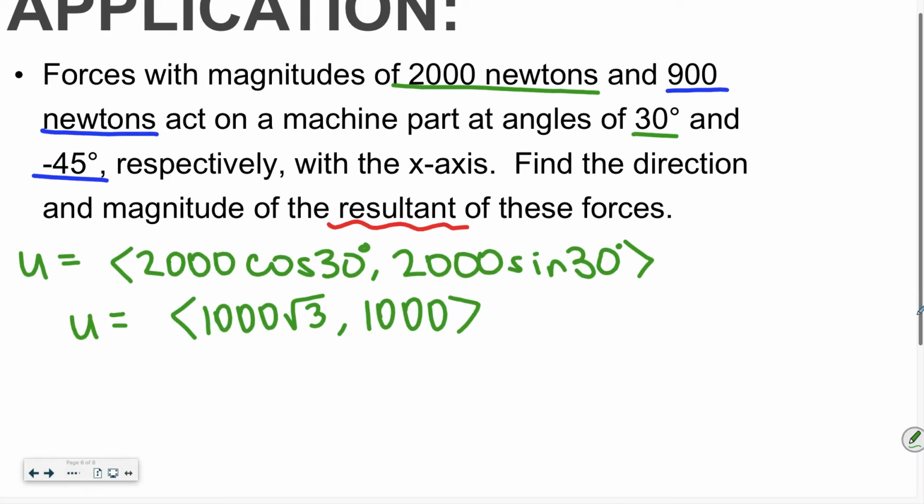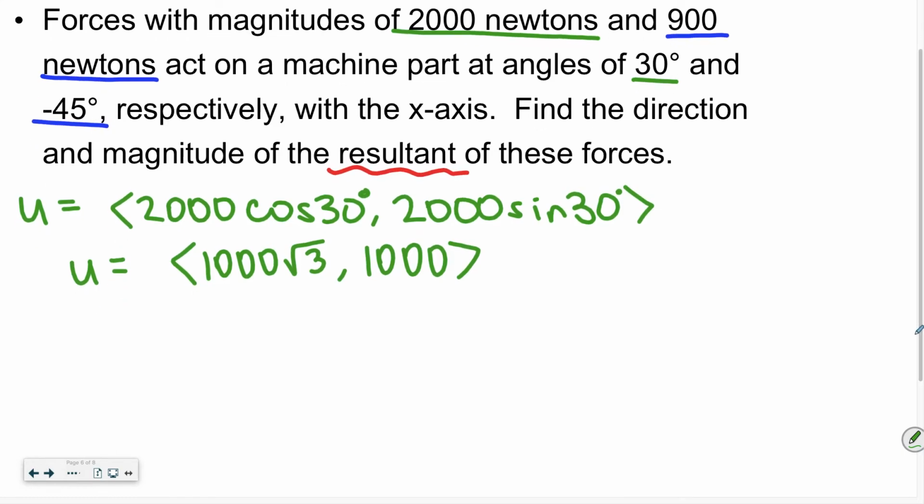Now let's look at our blue vector. I'm just going to call it vector V. Vector V has a magnitude of 900 with an angle of negative 45.